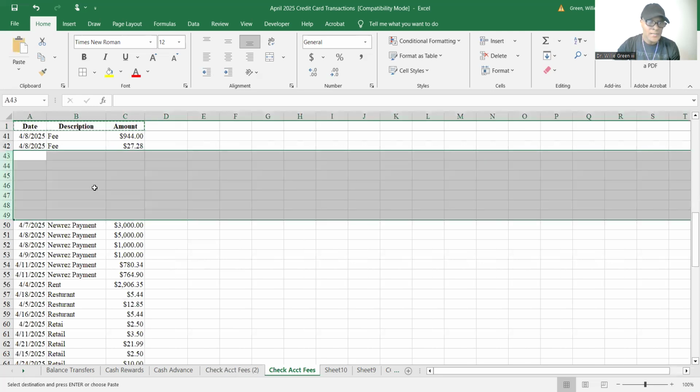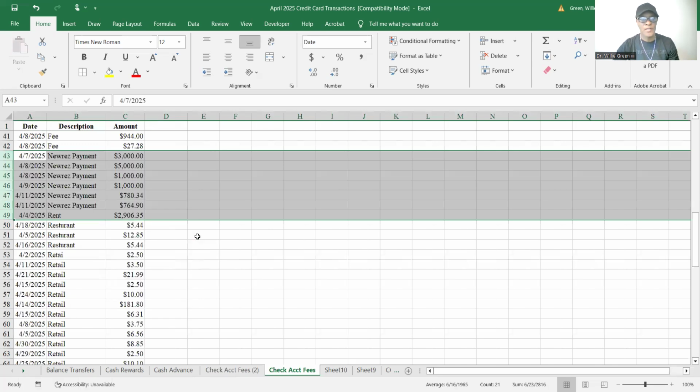One of the areas that I was working on is just payments to the lines of credit and paying them down. So these were the payments that I moved about within the lines of credit.